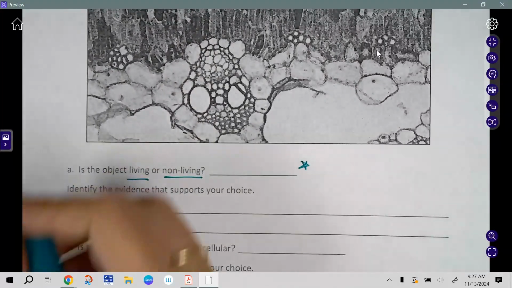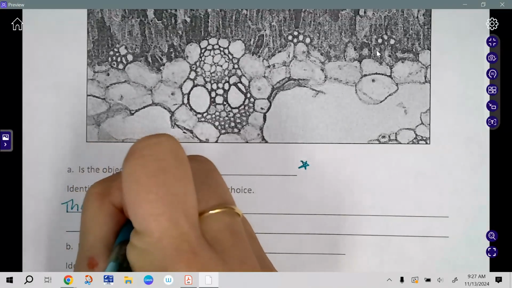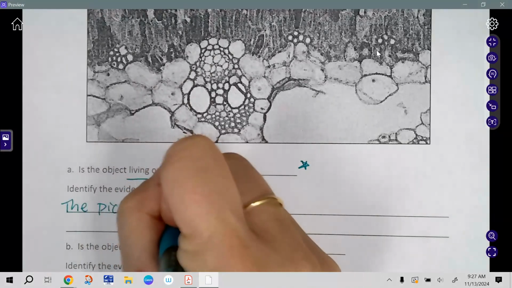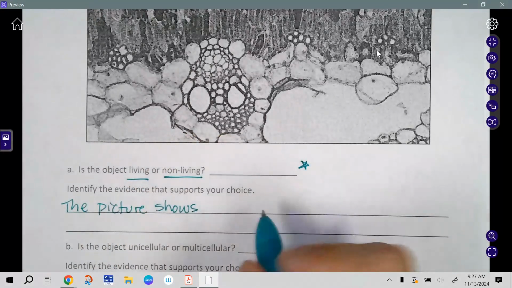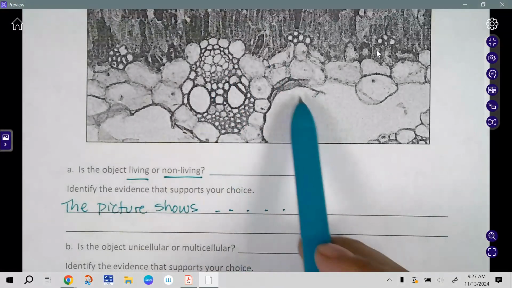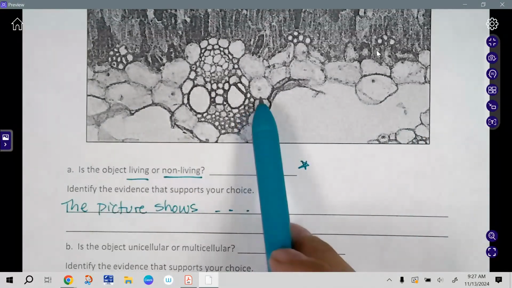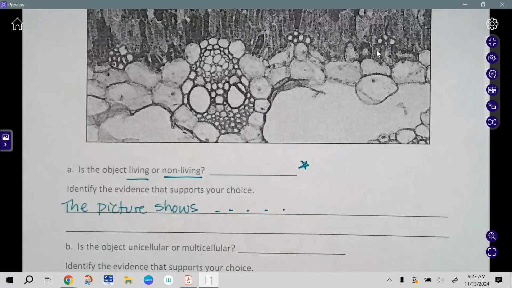So the picture shows, and tell me what you see in the picture. What is in here that shows you it is living? Think about what these things are that shows me whether it's living or non-living.